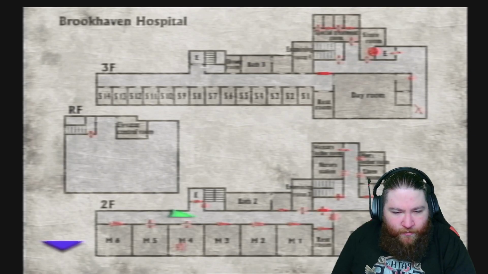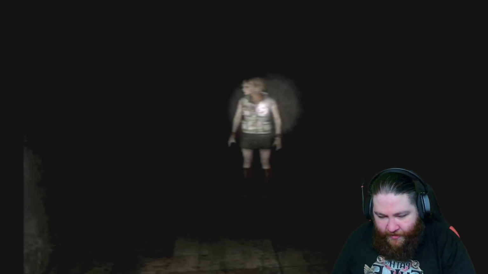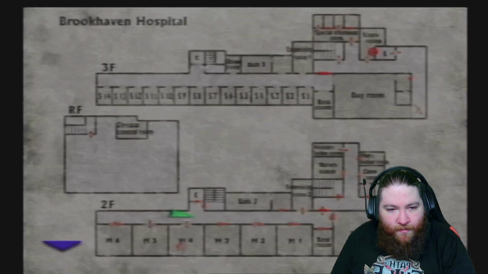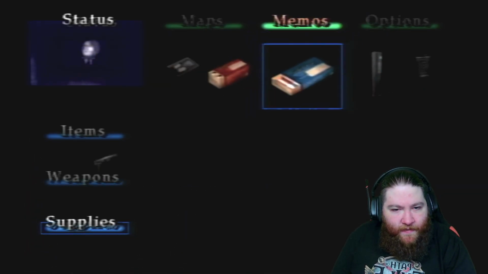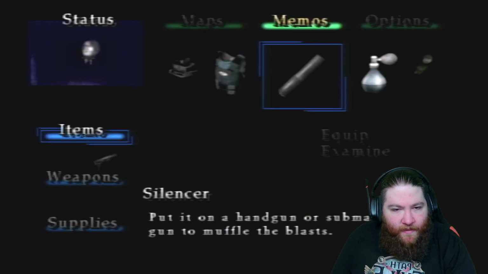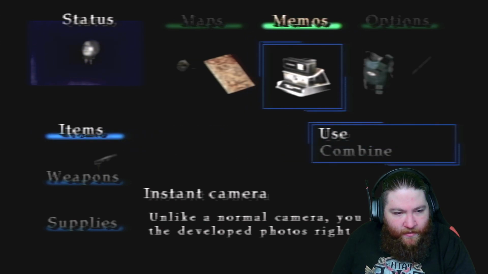So the code didn't work on the 3rd floor. Oh, wait. We got pictures we can examine. Wrong button. Items. You can see develop photos right away.